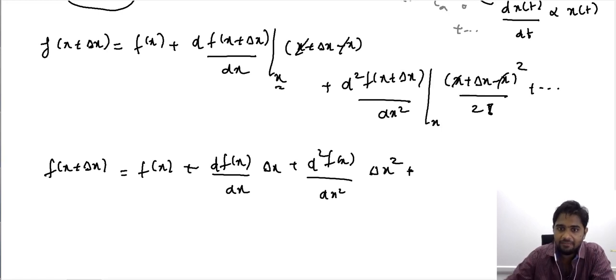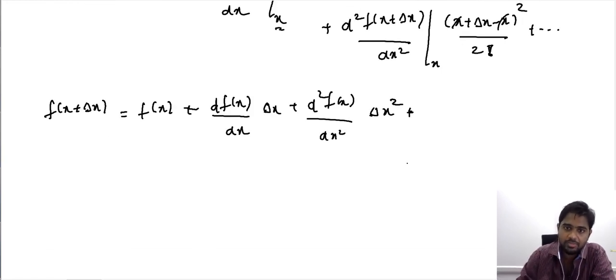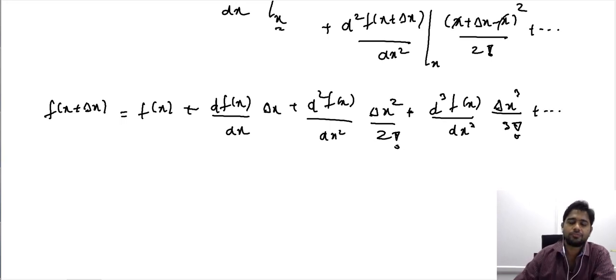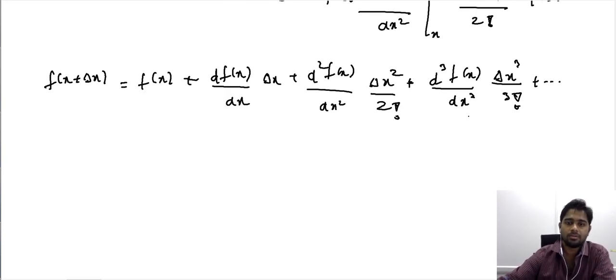And since we have simplified the individual terms, we can now have a third term as well, d cube f of x by dx cube, and again the more important 2 factorial, delta x cube 3 factorial, and so on and so forth. Now we have an expression, we have a Taylor series expansion of f of x plus delta x.